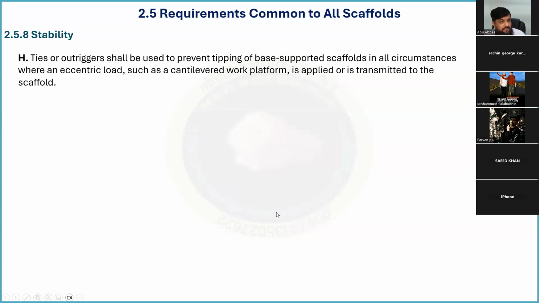Next, we have that ties or outriggers shall be used to prevent tipping of a base supported scaffold in all circumstances where an eccentric load, such as a cantilever work platform, is applied or transmitted to the scaffold.